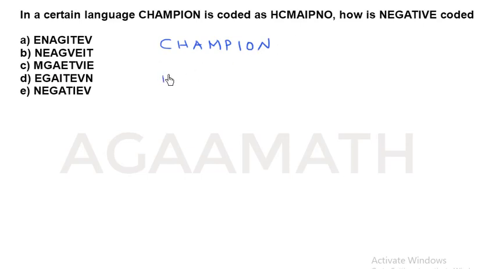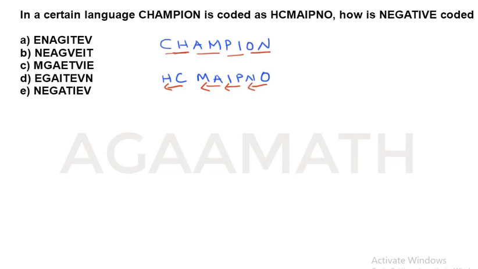Observe very clearly. CH is written in reverse order, HC. AM becomes MA. PI becomes IP. ON becomes NO.